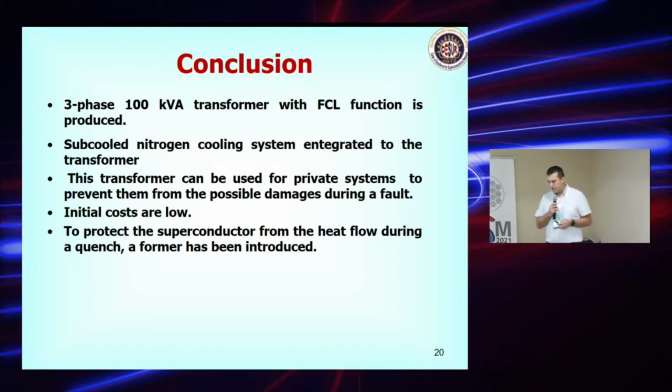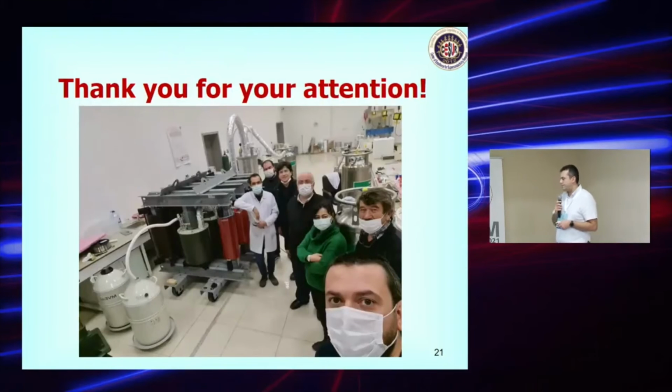And initial costs are low, especially because of the closed loop. There is no current lead and no other electrical connections. And to protect the superconductor from the heat flow during a quench, a former has been introduced for this work. Thank you for your attention.